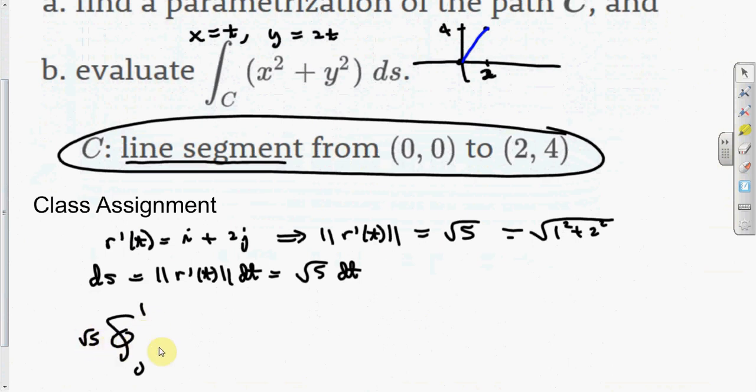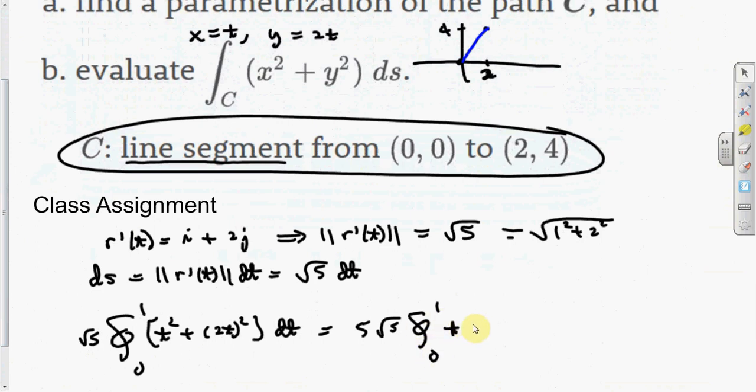It's just a number. x squared becomes t squared, and then y squared is 2t squared dt. So that becomes 5, the square root of 5, integral from 0 to 1 of t squared.